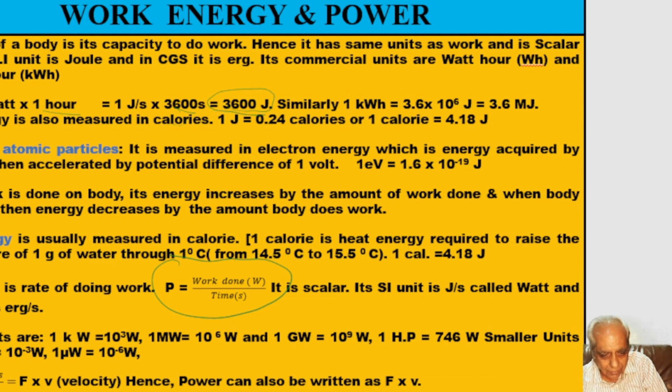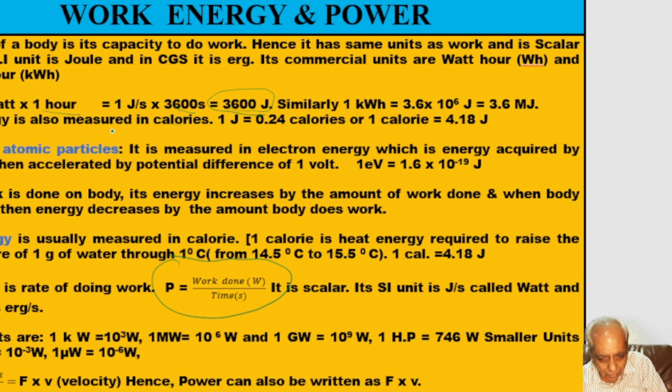If you switch on a light for 1 hour, the energy is more. Similarly, 1 kilowatt hour means we multiply by 1000, so we will get 3.6 million joule.